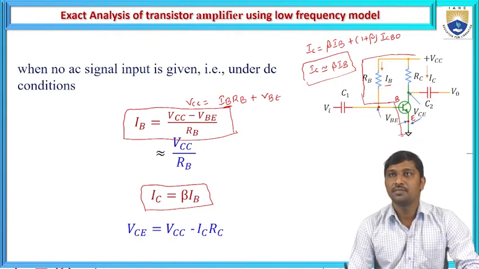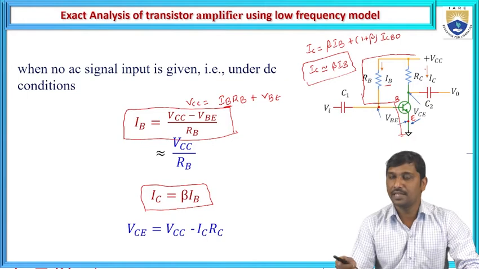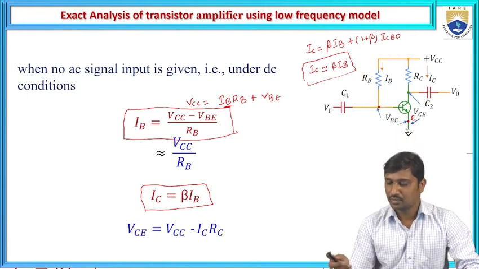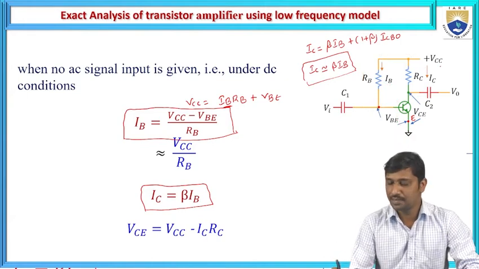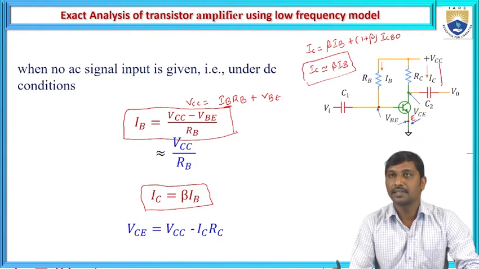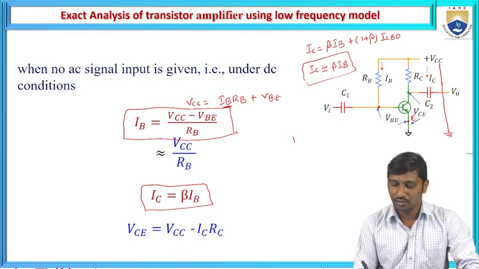If you want to observe this VCE, you can apply the KVL at the output side. So we need to start from VCC towards the collector resistance, towards the collector, and towards the emitter and the lower potential.